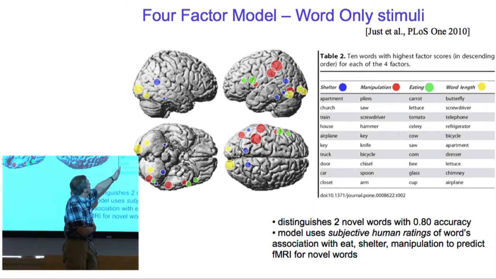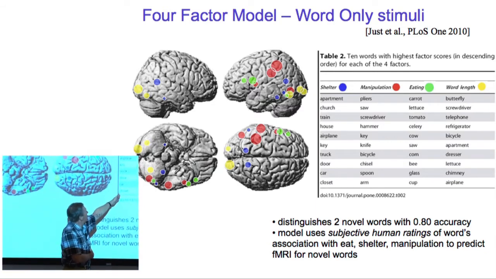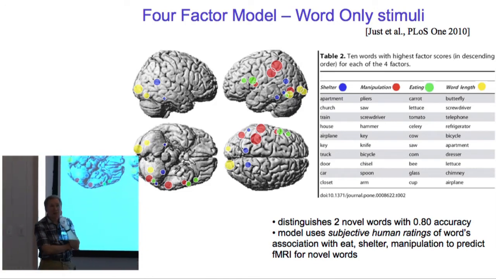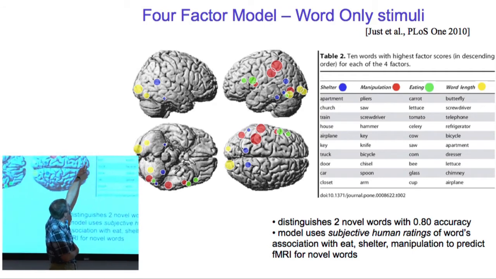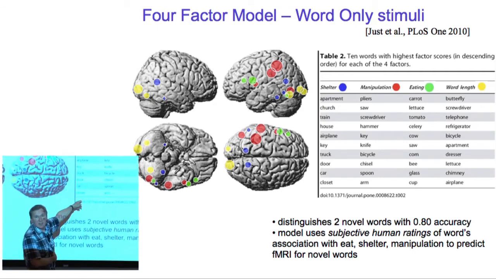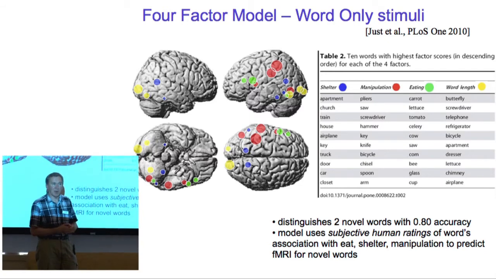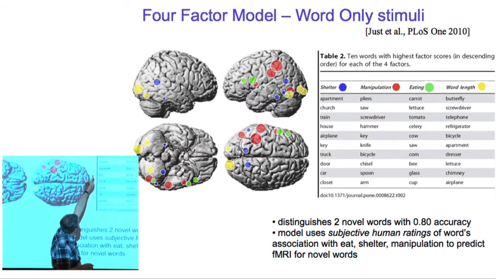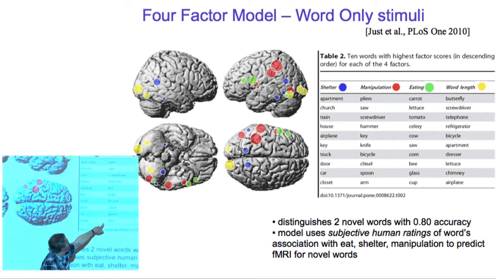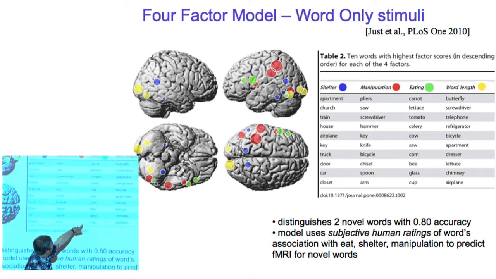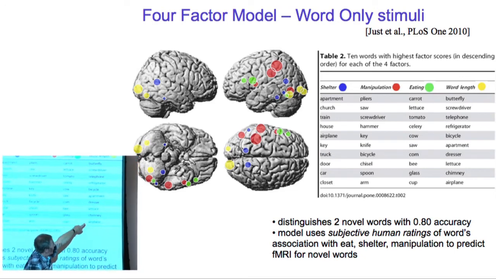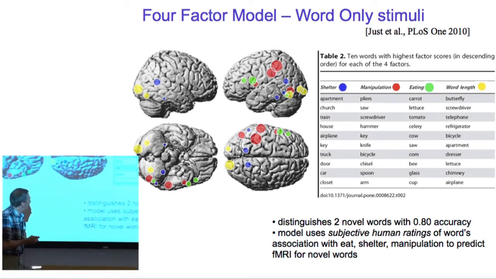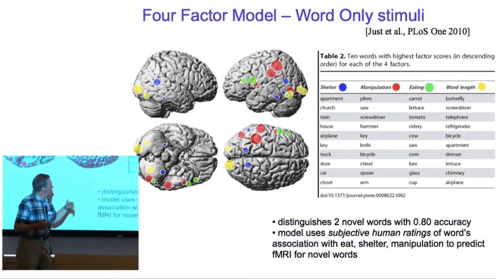And each of these components is shown here in terms of what regions in the brain it corresponded to, and also, as before, which stimulus words most excite that component in the final model. And so again, we have this one that you might call shelter, you might call manipulation, you might call eating, and that we're pretty sure is word length, this fourth one. And this model works pretty well.